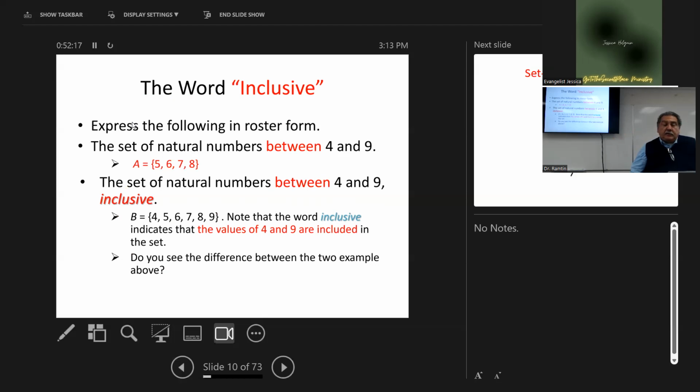Now, if we want it to become inclusive, it would be different. For example, if I have a set B, braces 4, 5, 6, 7, 8, and 9. Here it says inclusive: a set of natural numbers between 4 and 9, inclusive, meaning include 4 and 9.